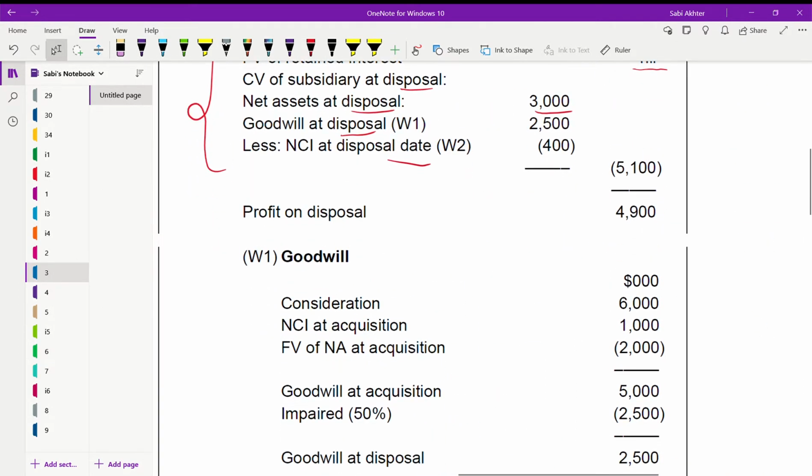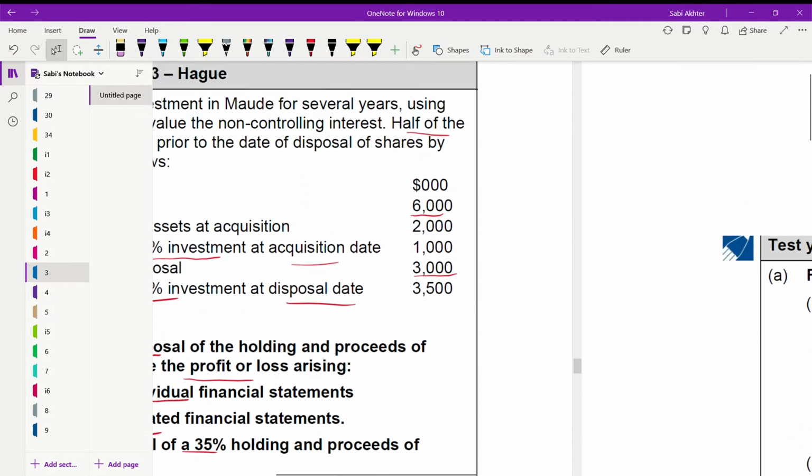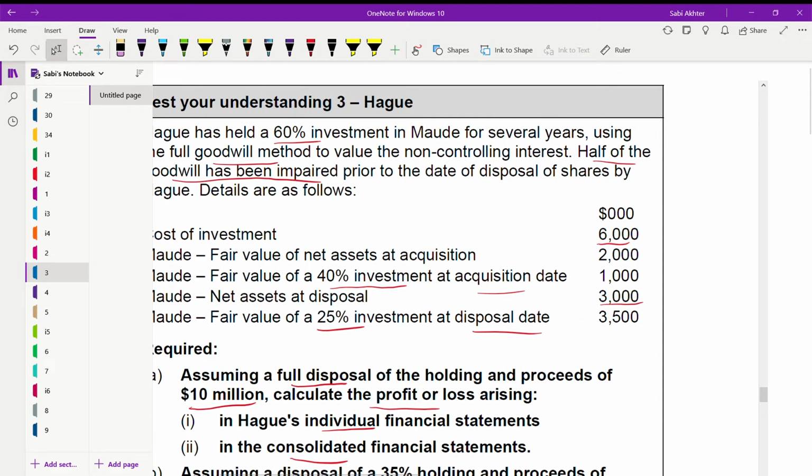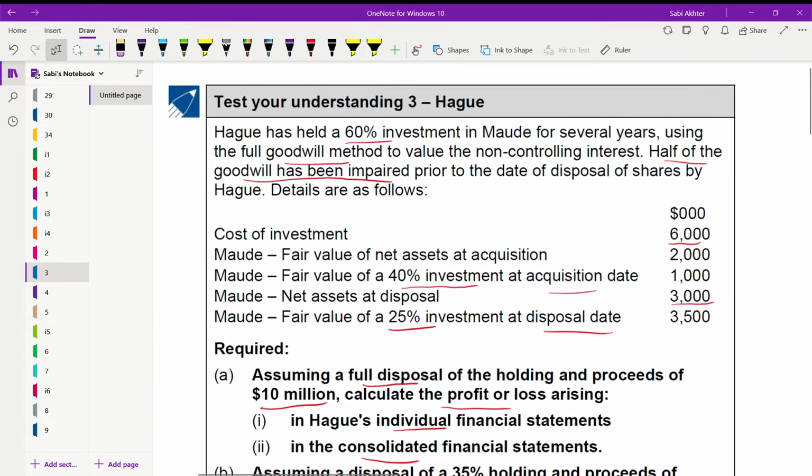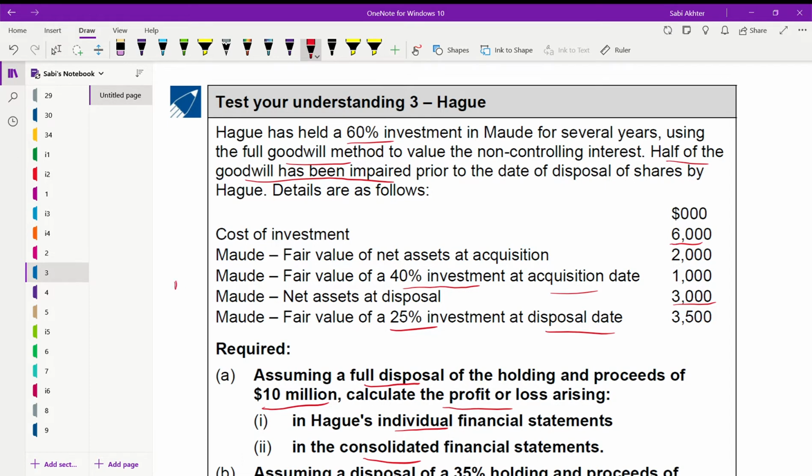So let us go to the goodwill. Goodwill is consideration, that is 6 million, plus NCI at acquisition, that is 1 million, minus fair value of net assets at acquisition, 2 million. So the fair value of the 40% investment is the NCI.